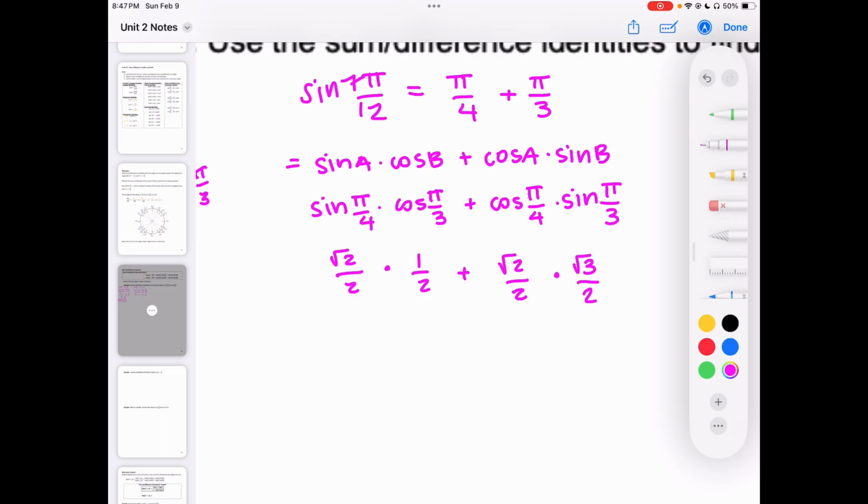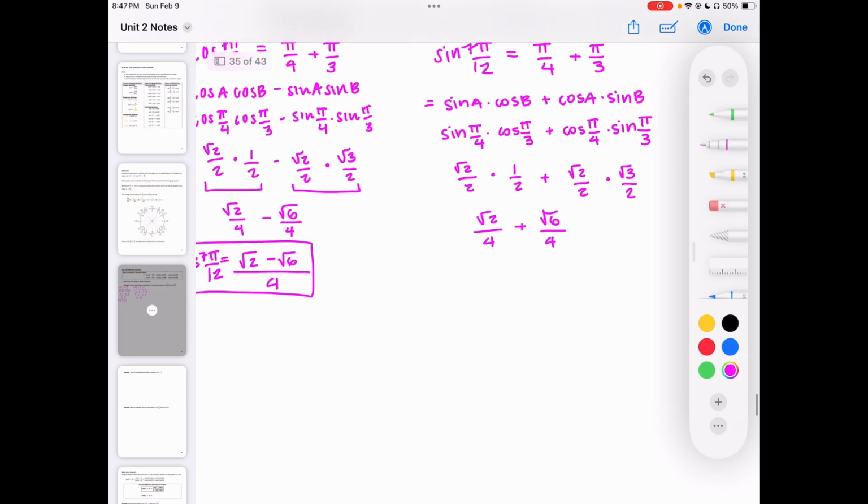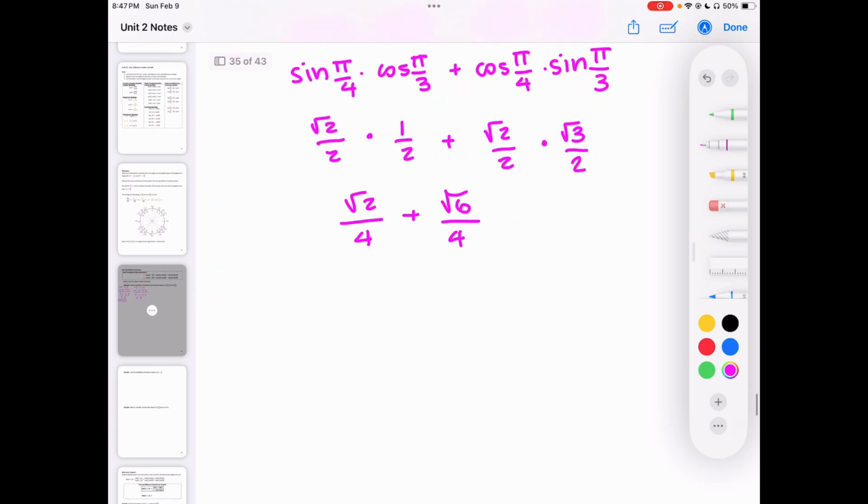And now we simplify. We have root 2 over 4 plus root 6 over 4. We can write that all over one denominator like before.